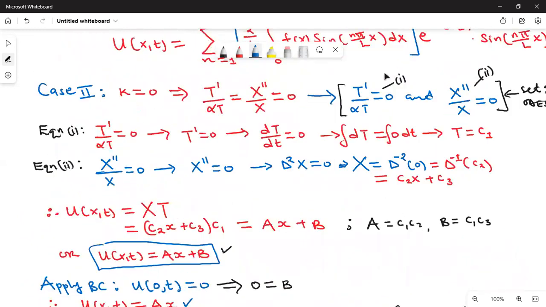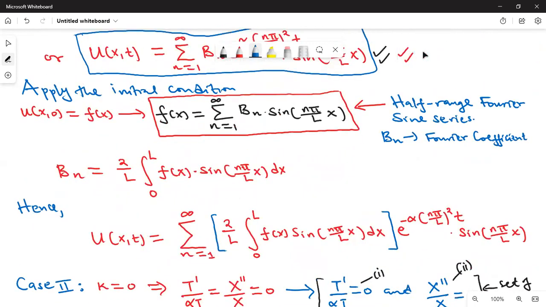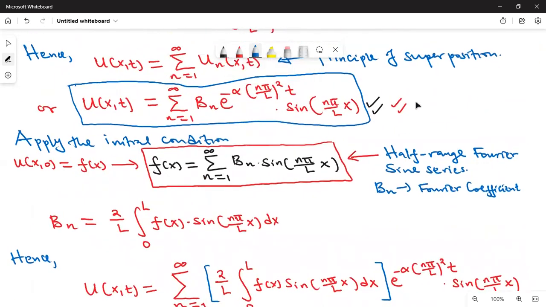You only need to know that where there is k, you will substitute negative lambda squared, so that our solution is what we got in case 1, where u of xt was equal to the sum from n equals 1 to infinity of everything that we have there.